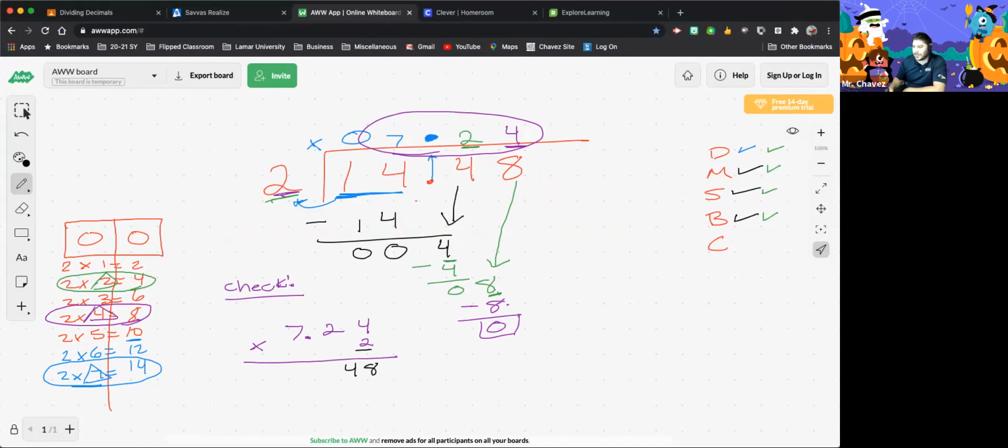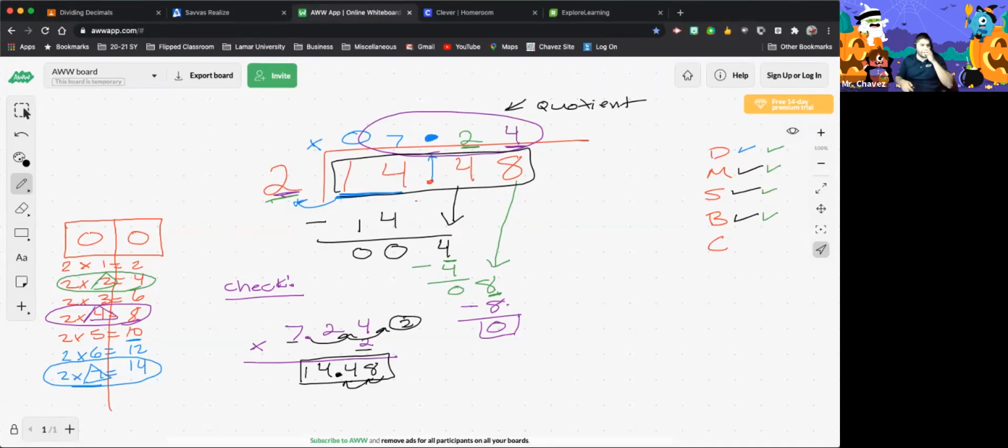And then 2 times 7 is 14. Now here's your decimal point, 2 spaces back. So now 2 spaces to the front. 1, 2. There it is. This answer matches here. So that means our quotient is correct. Easy peasy lemon squeezy.